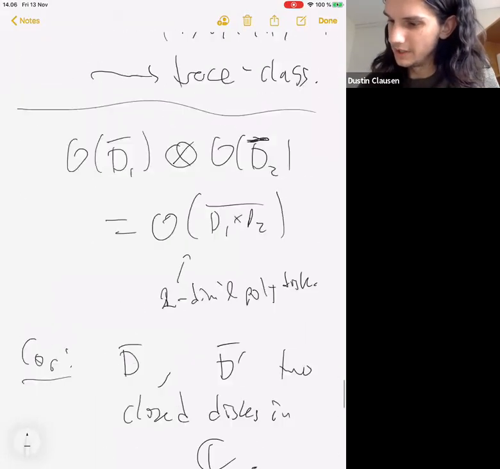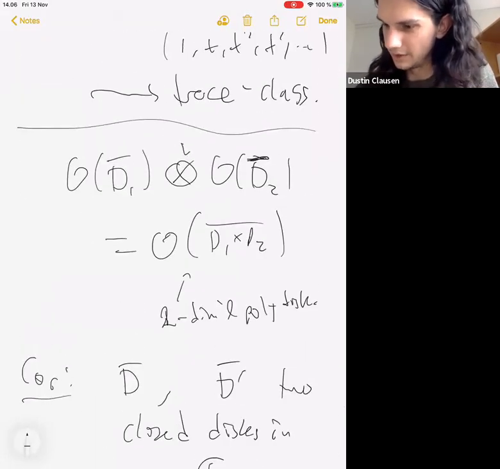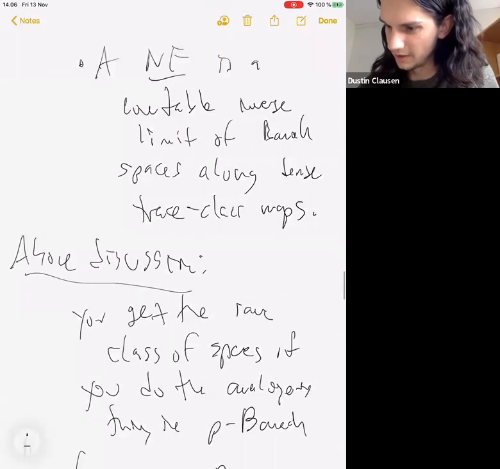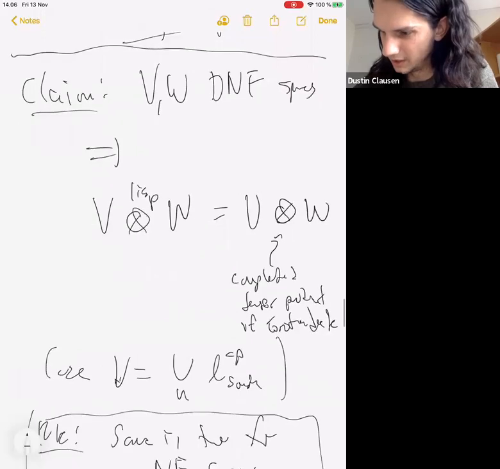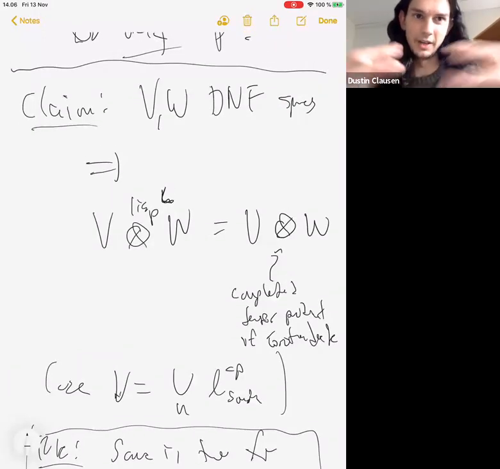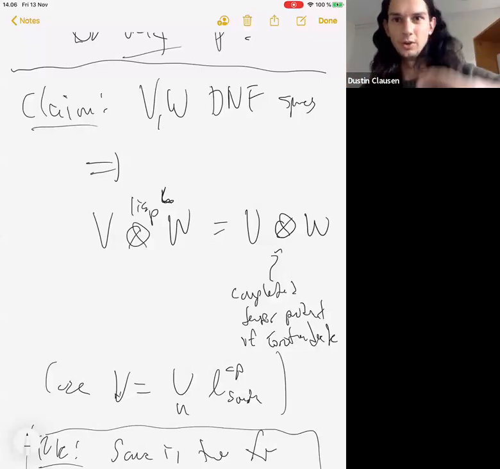By the way, in all these calculations with dual nuclear Fréchet spaces, part of the claim is that the derived tensor product is concentrated in degree 0. It just comes out of the calculation because that's happening on the compact projectives, and then you have the sequential colimit.